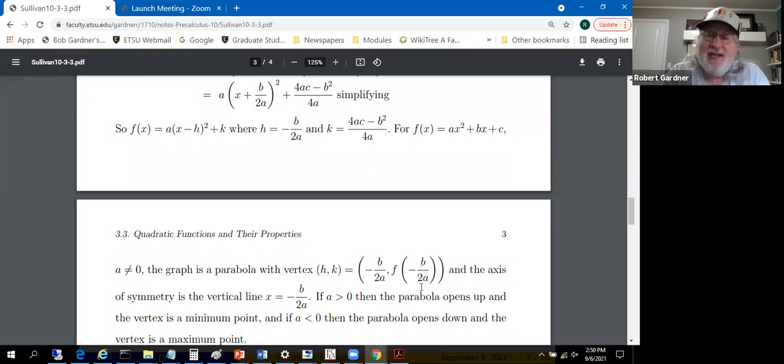So here's the h and k parameters. Indeed, if you'll plug negative b over 2a back into the original function, it'll produce this function value here. Alternatively, you could memorize this and say that's what we get for the y value. I'd say if you're going to do memorizing, memorize the x coordinate of the vertex. You can find the x coordinate of the vertex. You can use the function to find the y coordinate, and it's less stuff to remember.